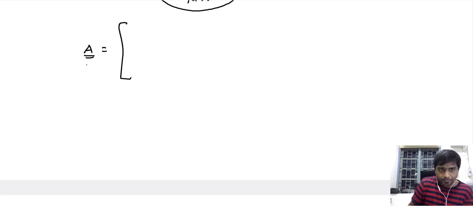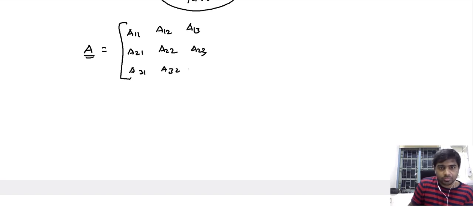Its elements are A11, A12, A13, A21, A22, A23, A31, A32 and A33.